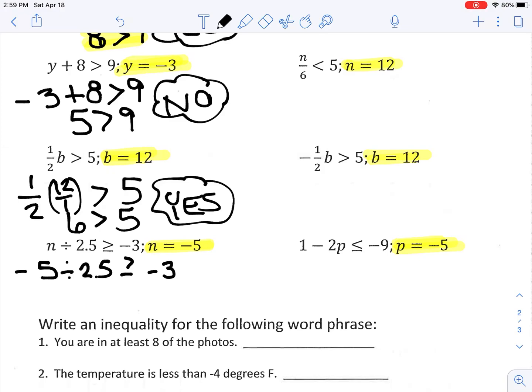Well, -5 divided by 2.5 is -2. Is -2 greater than or equal to -3? Remember, it doesn't have to be both of those. It doesn't have to be greater than and equal to. It's greater than or equal to. Since -2 is greater than -3, our answer on that one is going to be a yes.